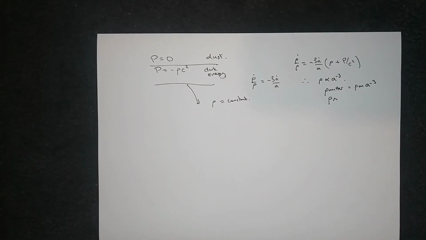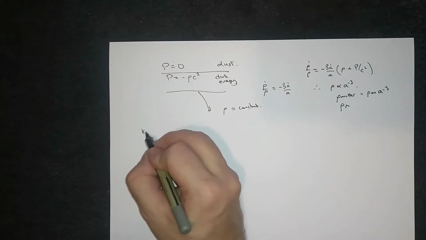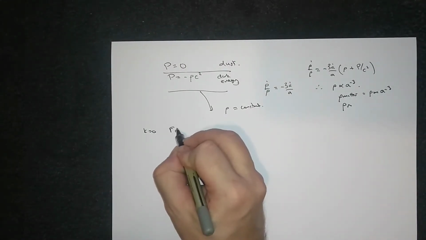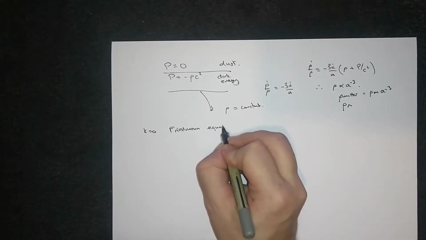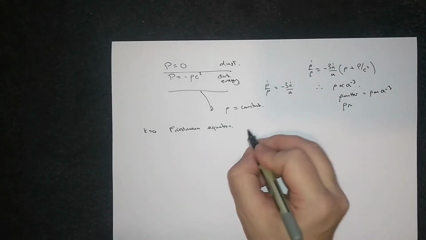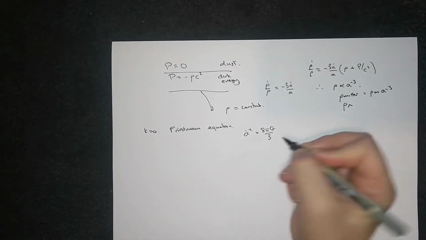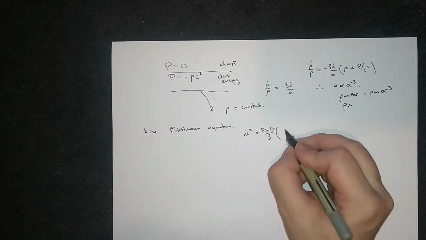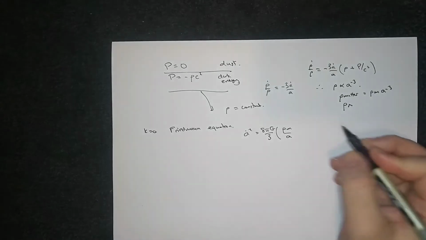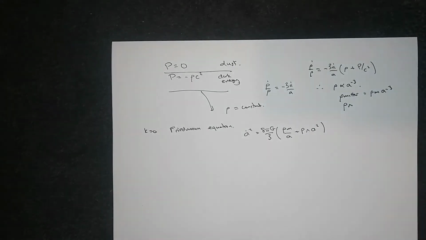Dark energy corresponds to the same thing as a cosmological constant. Now the K equals 0 Friedmann equation is a dot squared is 8 pi G over 3 times the total mass density times a squared. So that will give me rho m over a plus rho lambda times a squared.